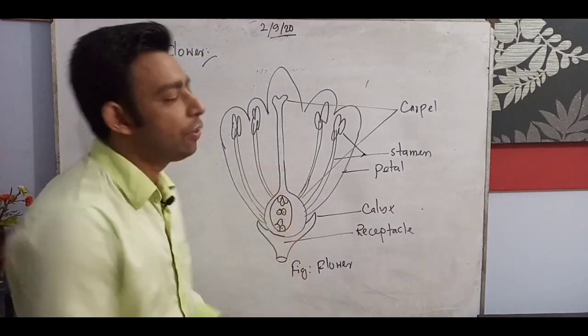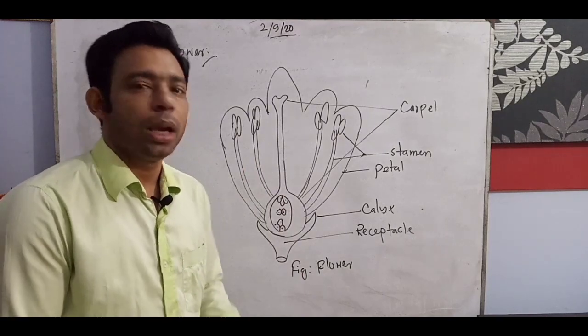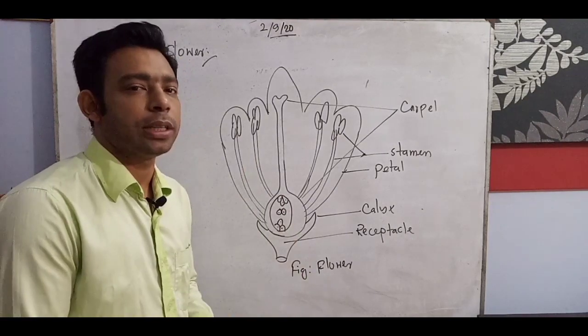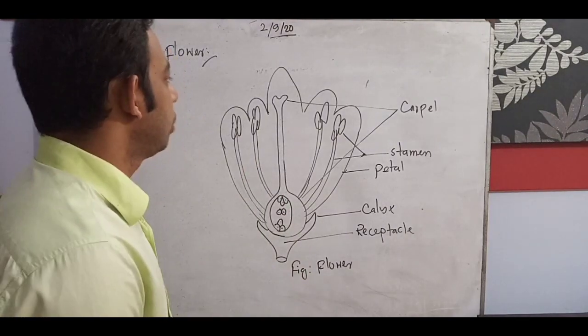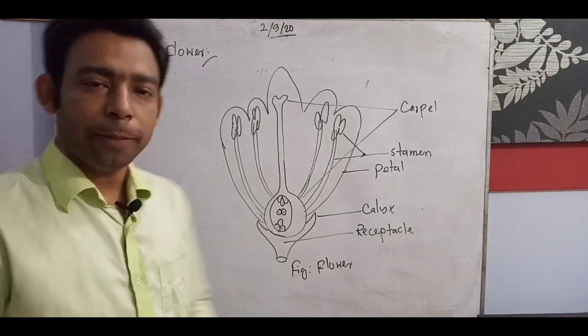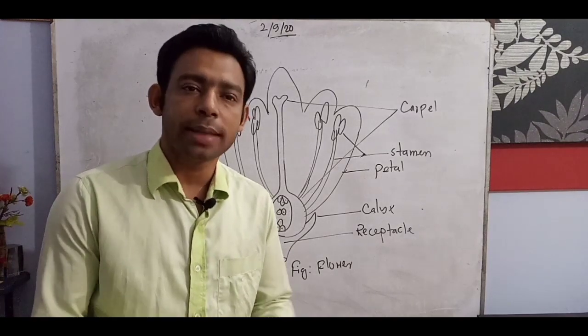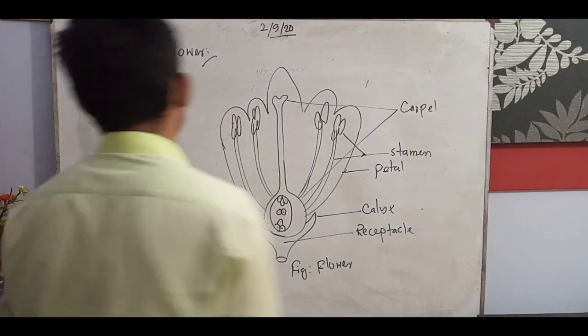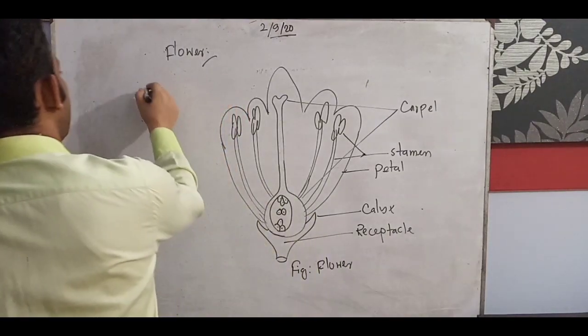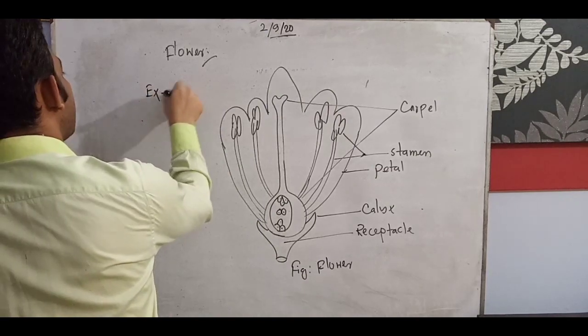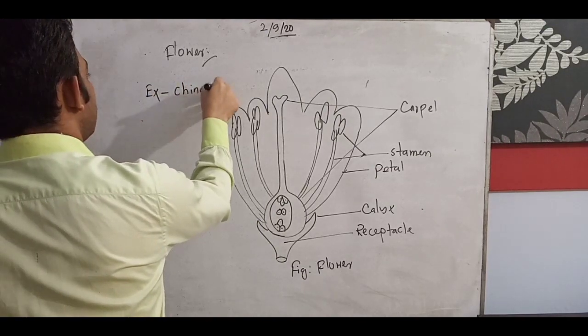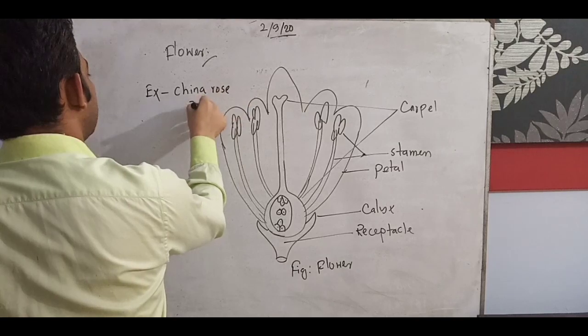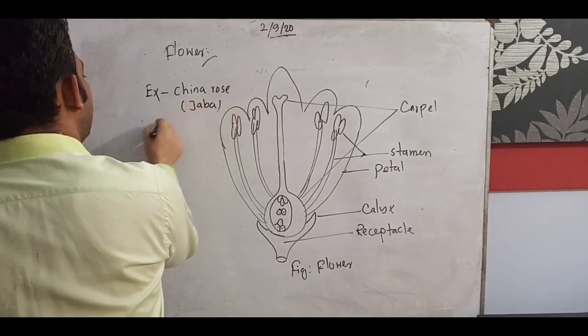This is the complete flower. Okay, the complete flower, if it is having all parts. Examples of the typical or complete flower: China rose or Java, then you can write Datura.